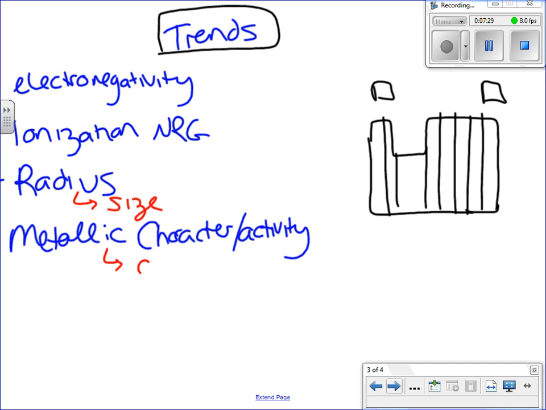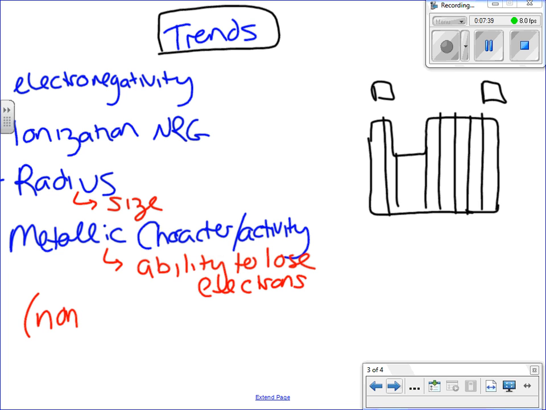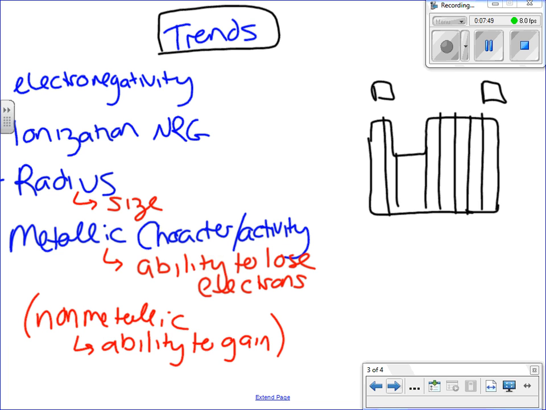Metallic character is the ability to lose electrons, okay? Whereas non-metallic character and activity is the ability to gain electrons. Okay, those are the only things you can gain or lose.